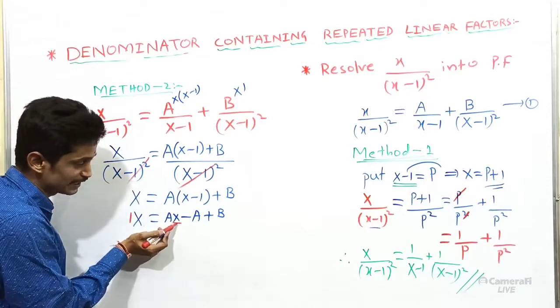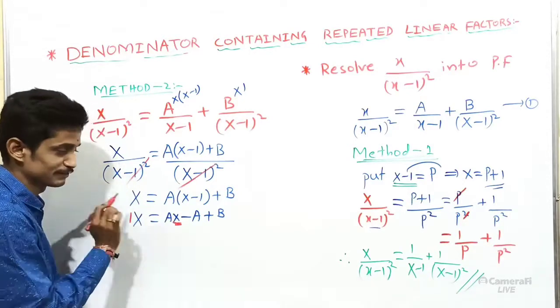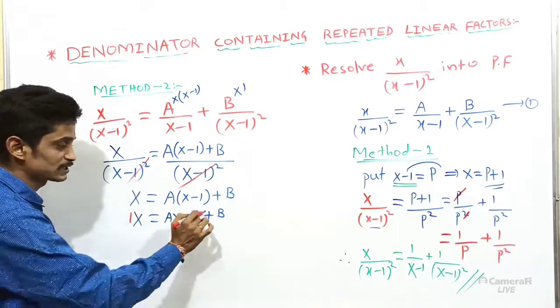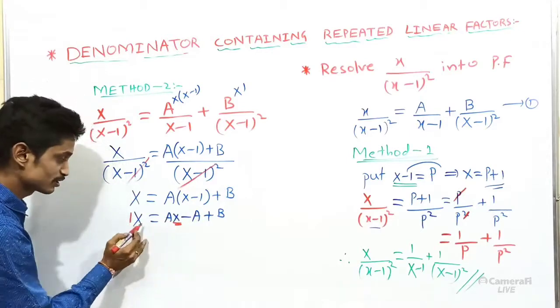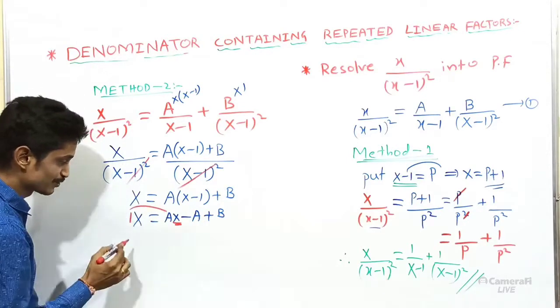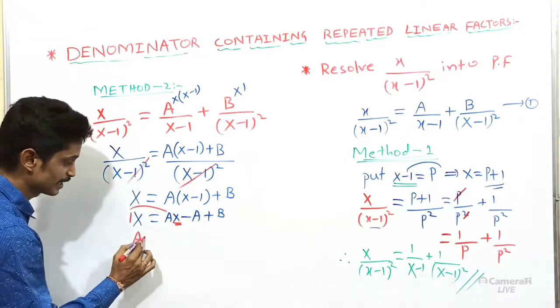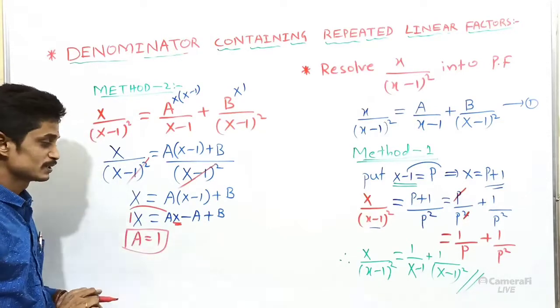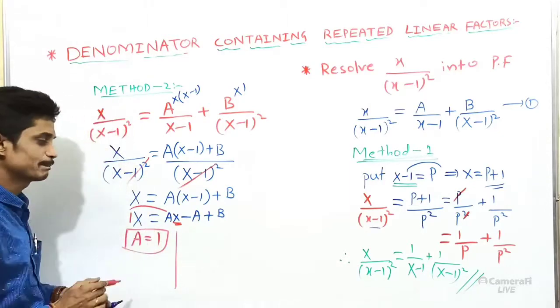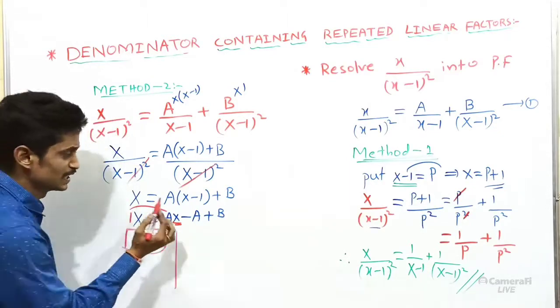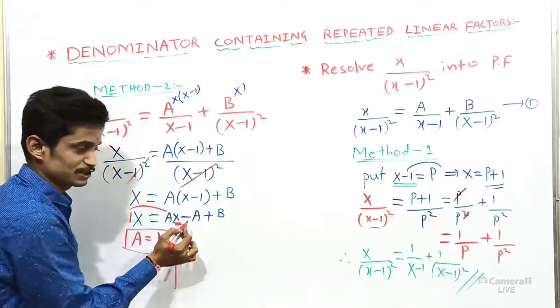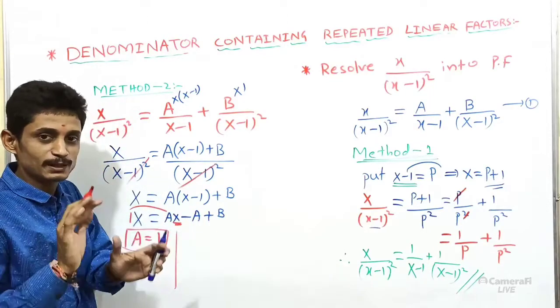Here I have a variable x, only a single variable x. Here too I have a variable x. These two polynomials are said to be equal. The corresponding coefficients must be same. It means a is equal to 1. One value I got. Now, how to get the value of b? Look, minus a plus b is totally independent of x.